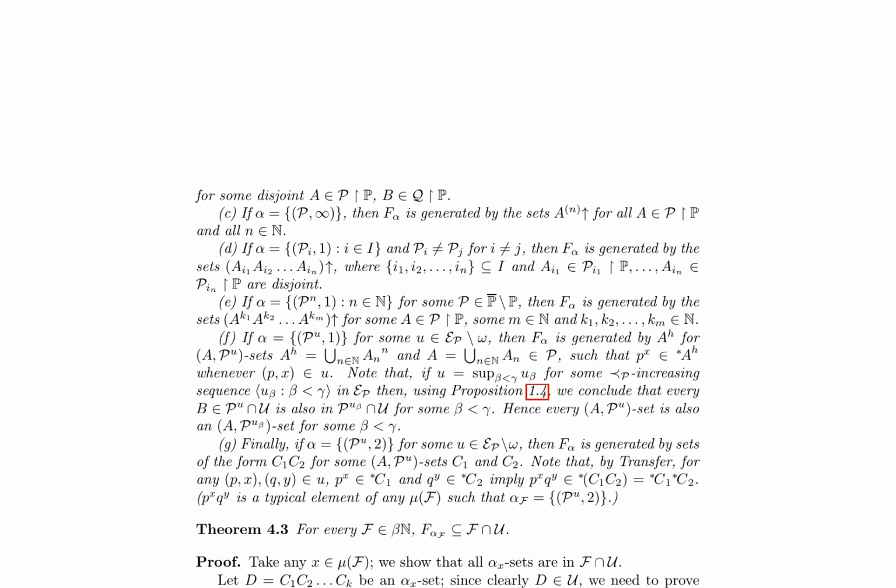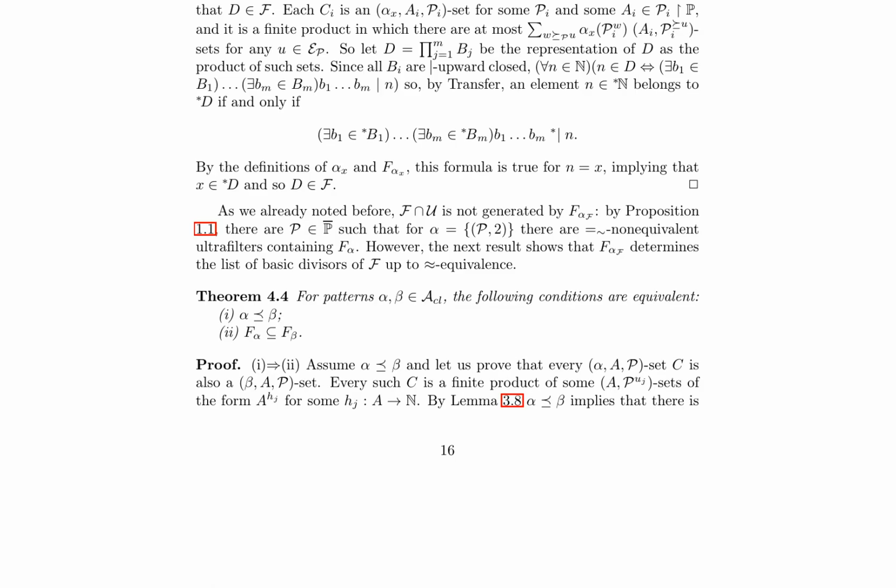For a single pair pattern, P1, with P an element of P, Theorem 4.1 shows that F_alpha is generated by the sets a up-pointing arrow for all elements of P. This fundamental result is followed by a series of theorems describing the generation of F_alpha for diverse patterns, including finite sets, infinite sets, and countable sets.